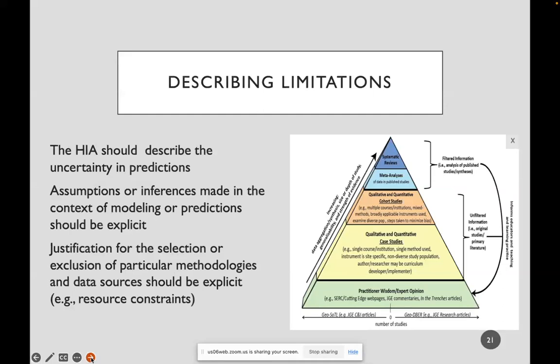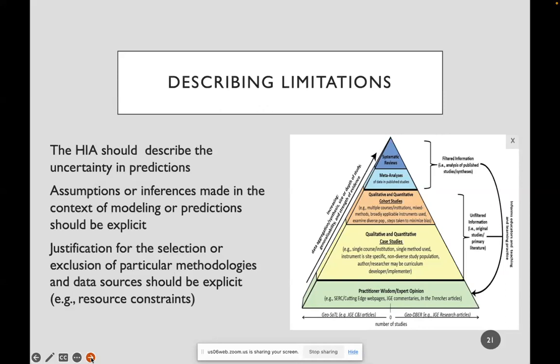You almost never have that in public health. And so making sure that you are caveating the data and the evidence that you're using to drive your conclusions, and you're just explaining what you used, why you used it this way, that you gut check this with the community, and making sure that you're talking about your assumptions and your inferences in your modeling or in your prediction, and just being very, very clear about that.